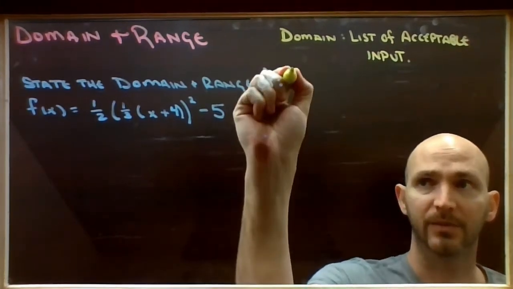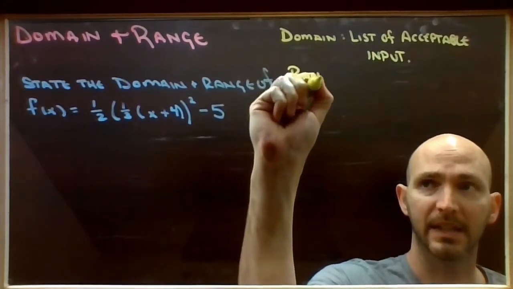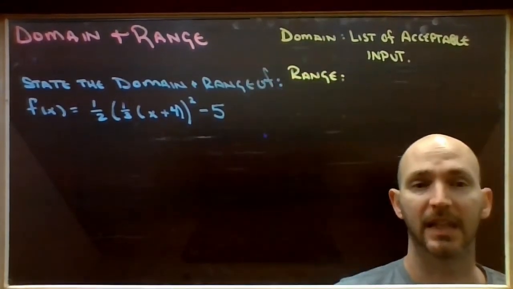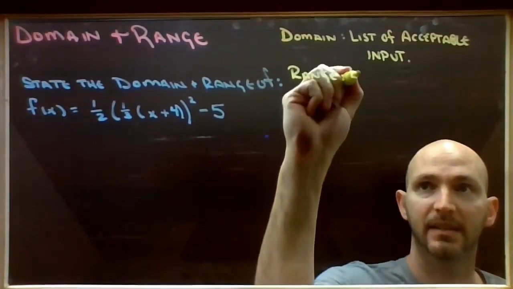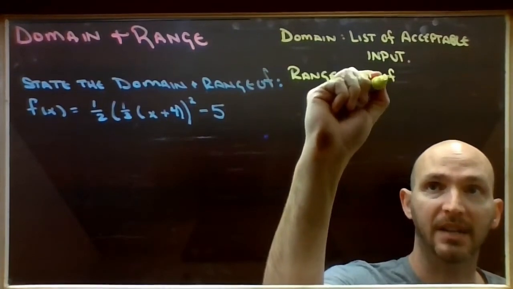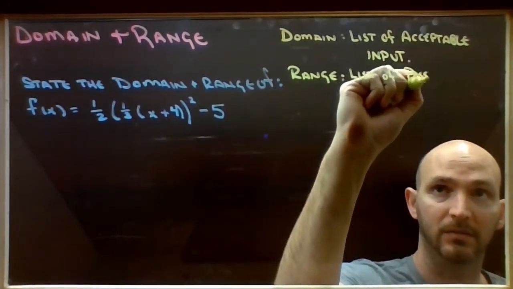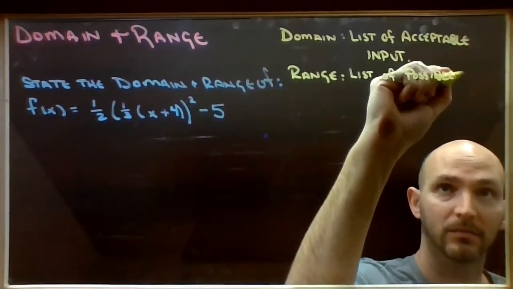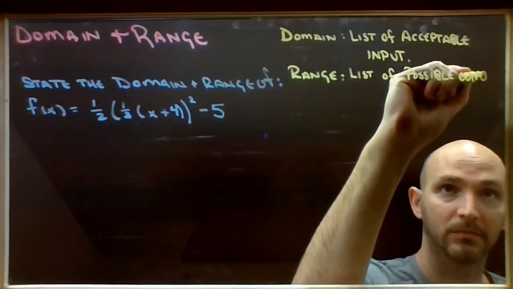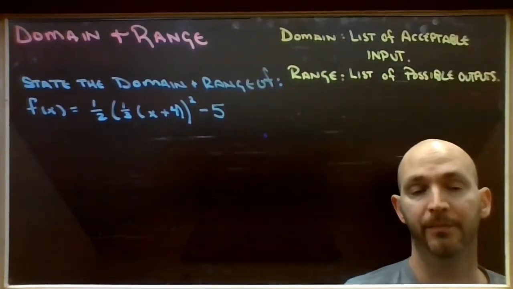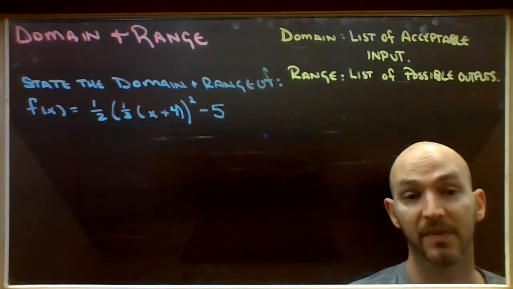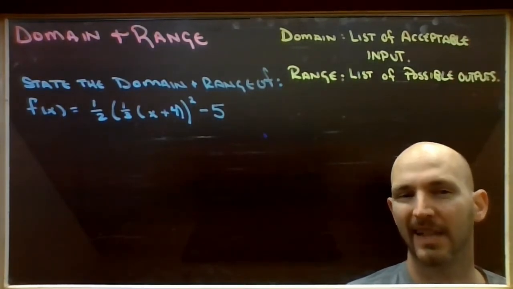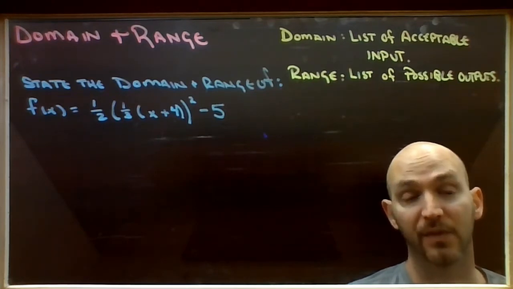The range, it's the same idea, but instead of the input, it's talking about the output. So the range will be the list of possible outputs. So a parabola, for example, squaring, you can't get a negative number as an answer if you've squared something.